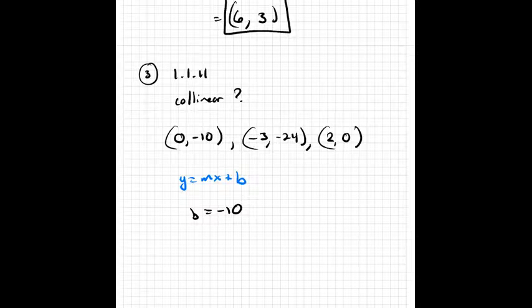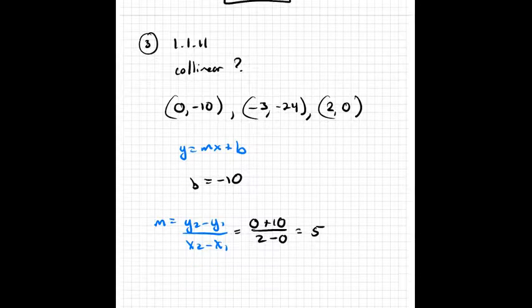I'm going to use the first and the last to find the slope because they just look easier. So then the slope formula, y2 minus y1 over x2 minus x1. So then that's going to be (0 + 10) over (2 - 0). So that's going to be 5. So then the equation of the line should be y equals 5x minus 10.